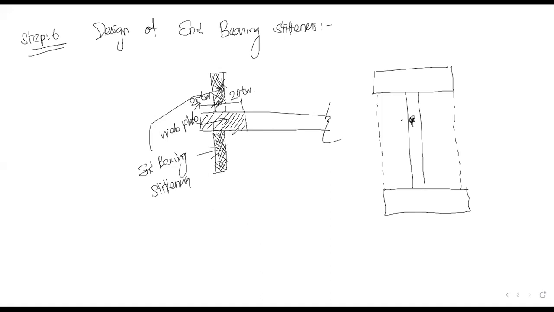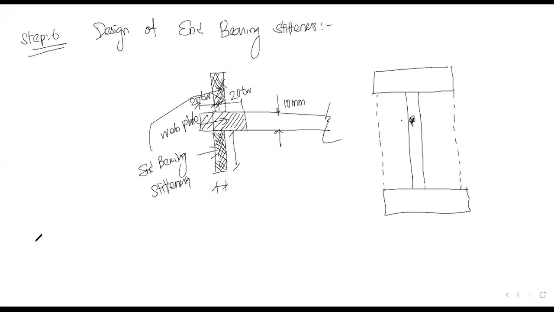Now we are going to arrive at the size of these stiffeners, thickness and everything. Here the web plate thickness is 10 mm. We need to arrive at the size of the end bearing stiffener, and then we should check whether it is safe or not. That we are going to do right now.